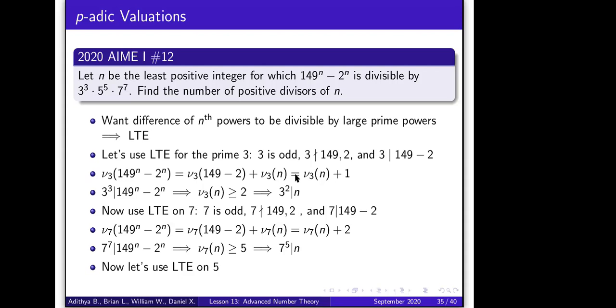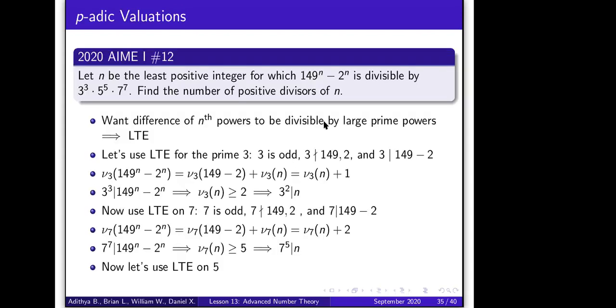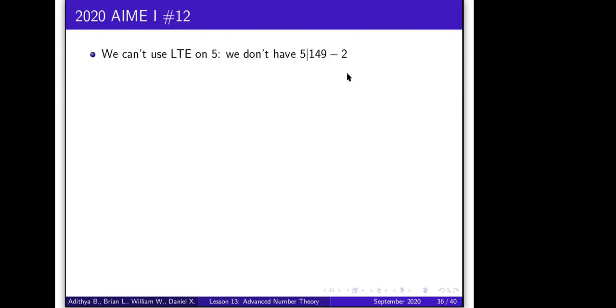Now let's use LTE on 5. But we can't. It doesn't satisfy the hypothesis that 5 divides 149 minus 2. Actually, the reason we have the hypothesis that P has to divide 149 to the n minus 2 to the n is because otherwise the difference isn't even necessarily divisible by P. So we don't always have 5 dividing 149 to the n minus 2 to the n.